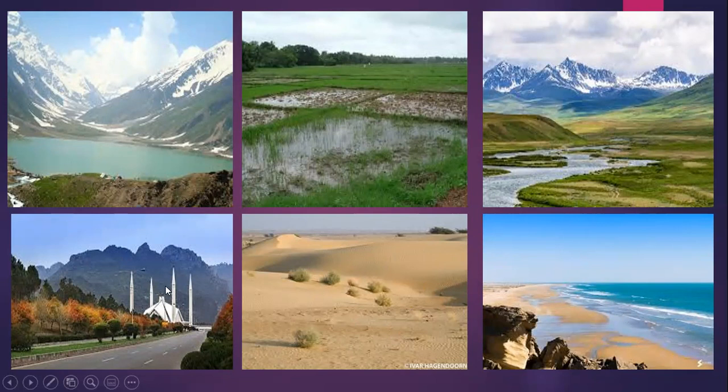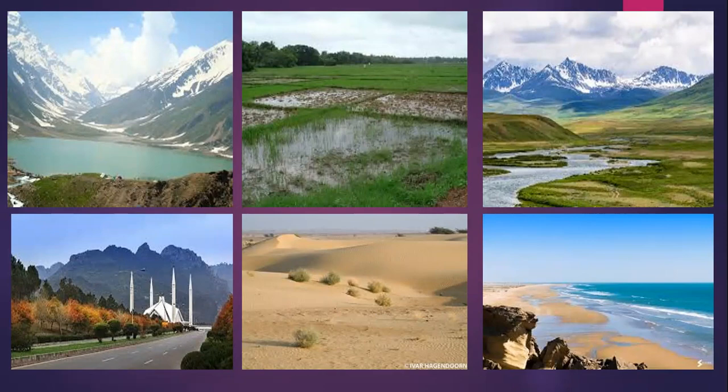So these are the different areas of Pakistan. North mountains, central area flatlands where crops can be grown. In the center also we have the capital city Islamabad, some part of west and some east we have desert, and in the south we have the coastal areas, the beach and the coast.